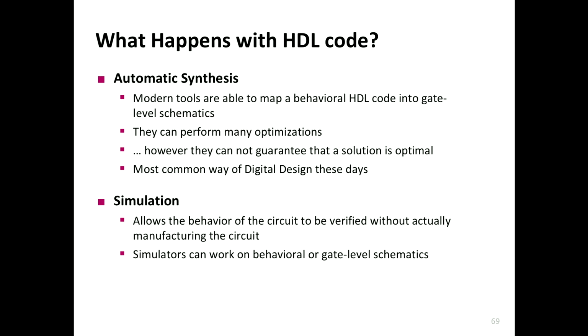The compiler, or what we call a synthesizer, parses your code and determines what logic gates to realize and how they have to be connected. This is the most common way of doing digital design. They also do some optimizations. I will show you one such optimization in a couple of slides. And at the same time, you can also feed in some test inputs and simulate the behavior of your circuitry.